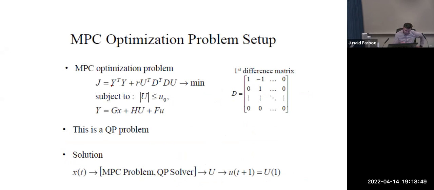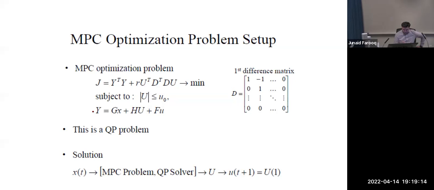But with the compact representation, you could represent them as matrices. So Y transpose Y, which means like the summation of all the outputs, and this is the inner product. And then R times this complicated representation, subject to the entire vector of inputs less than U naught.